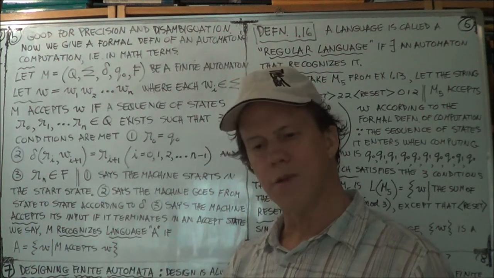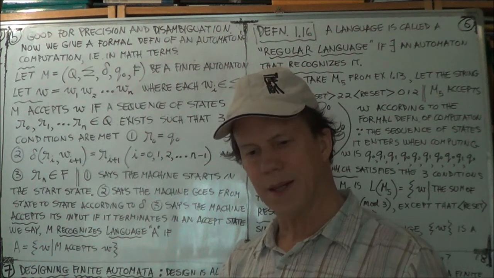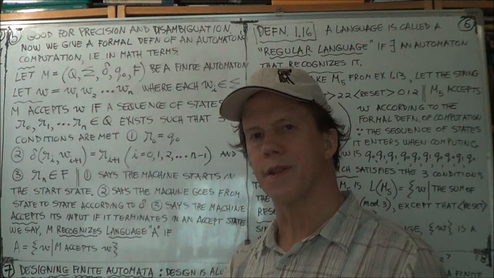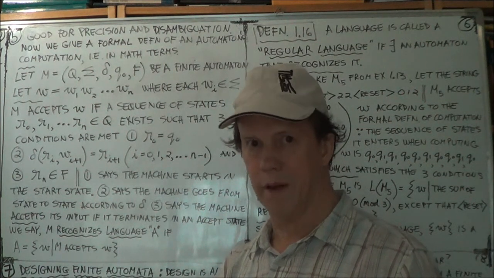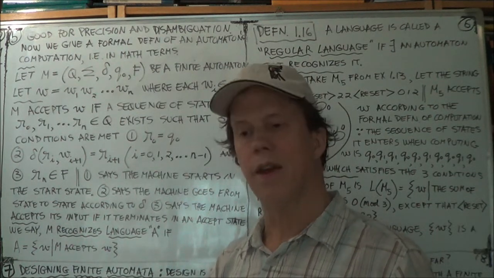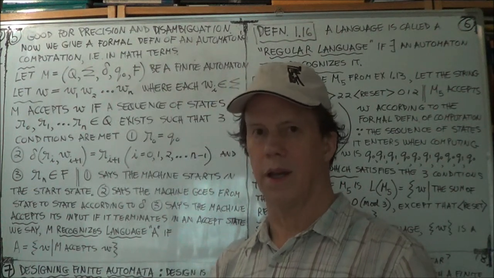Okay, and it just keeps doing that until it has read the last input symbol, and if the final state is a member of big F, in other words, if the final state is one of the accept states, then the automaton outputs the decision accept.